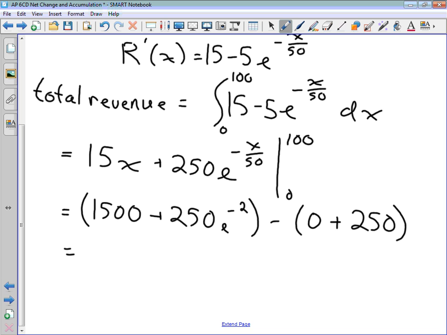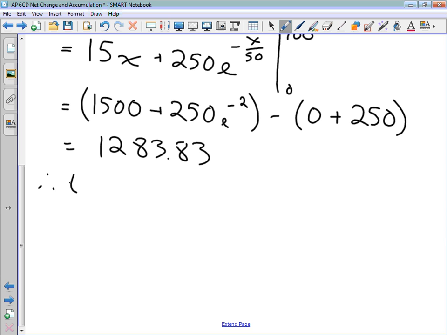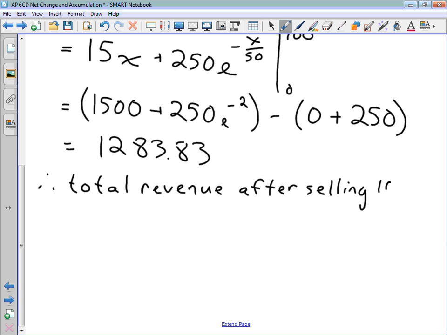Punch this into our calculator, we get 1,283.83. So our total revenue after selling 100 is $1,283.83.